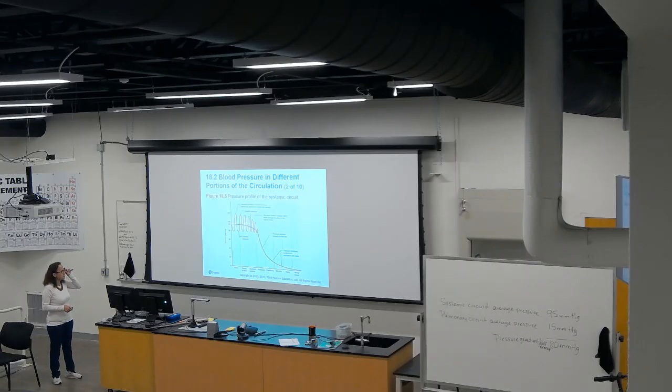So here we have this diagram showing you the different blood vessels in the x-axis and the pressure in millimeters of mercury in the y-axis. So we start with the aorta, and then we move into elastic arteries, muscular arteries, arterioles, capillaries, venules, veins, and vena cava.